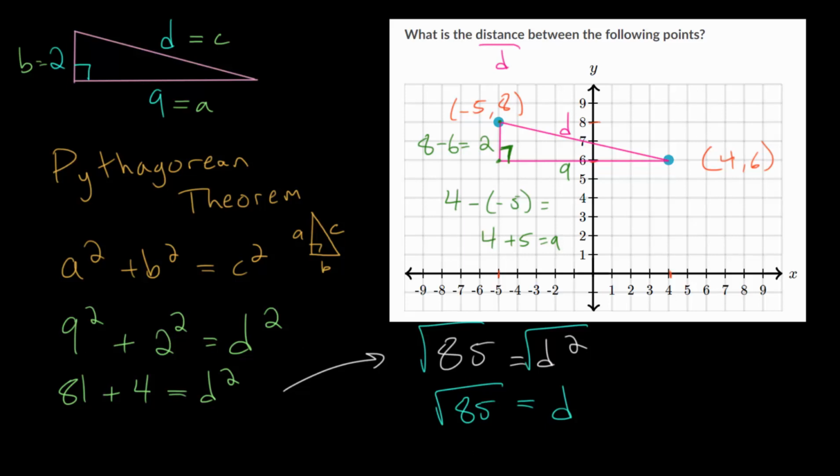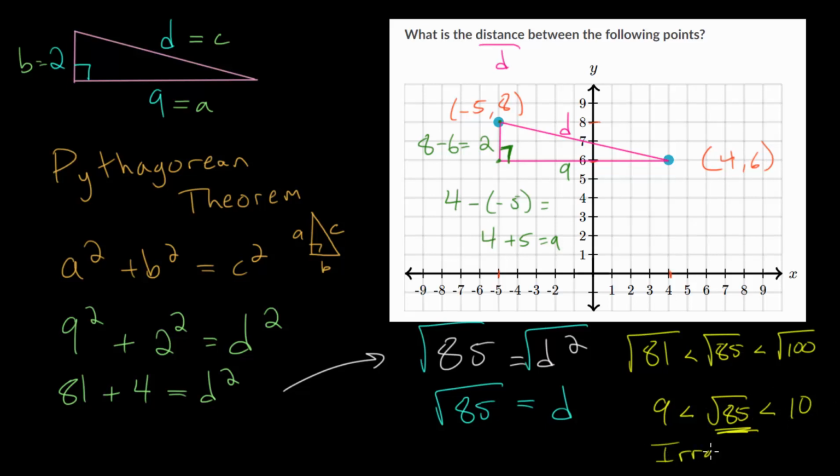If we compare this square root to others that we can actually find an answer for, let's say the square root of 81, that is less than root 85, and the square root of 100. So the square root of 81 is just 9, and the square root of 100 is 10. So this is somewhere between 9 and 10.